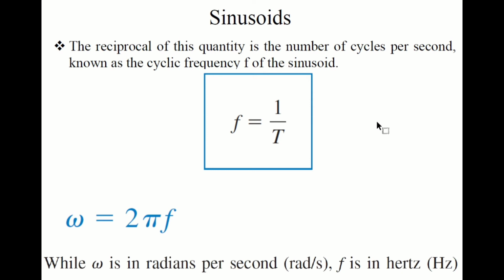From the equation in this slide and also the previous slide, we can conclude that w, the angular frequency, is equal to 2 pi f. So f is the frequency in hertz, and the unit of w is radians per second.